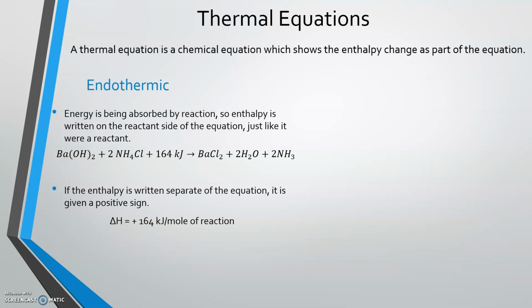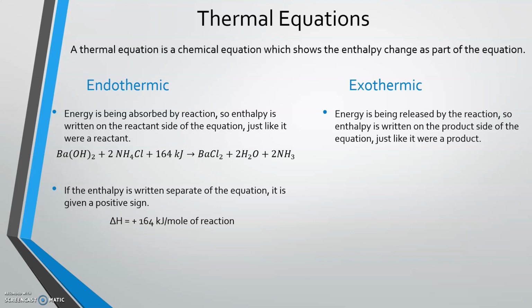Exothermic reactions, you can probably guess, are going to be the opposite of endothermic reactions. So in an exothermic process, you're going to write the energy on the product side because its energy is being produced. Not only are the products being made, but energy is being made as the reaction progresses. So you're going to write it as plus the energy on the product side.